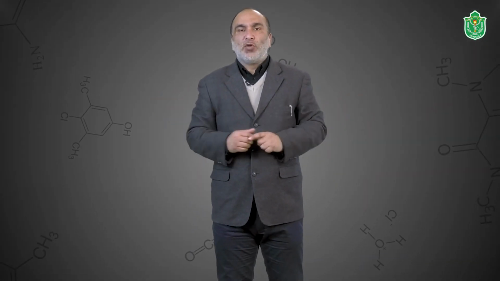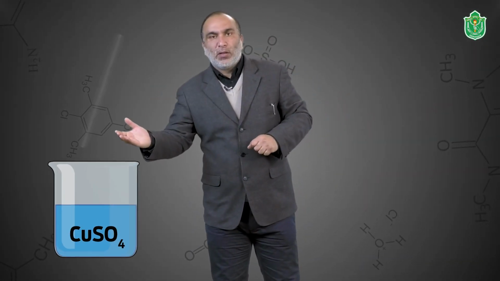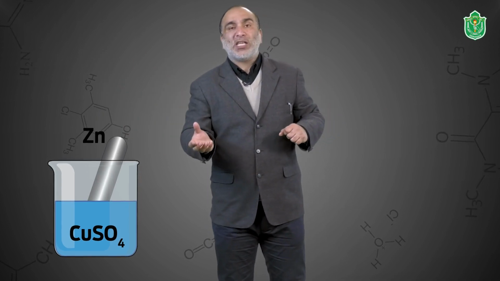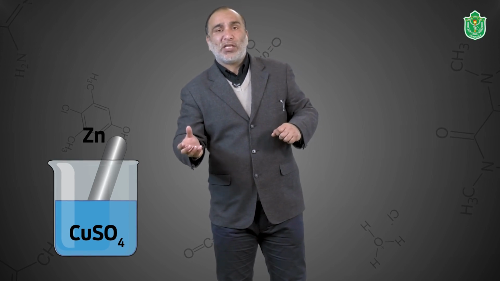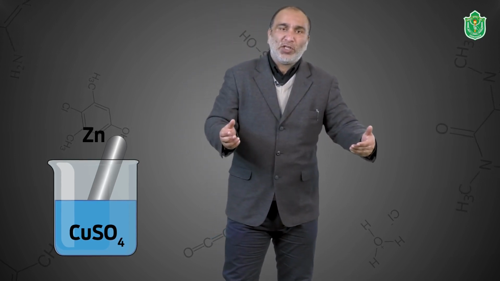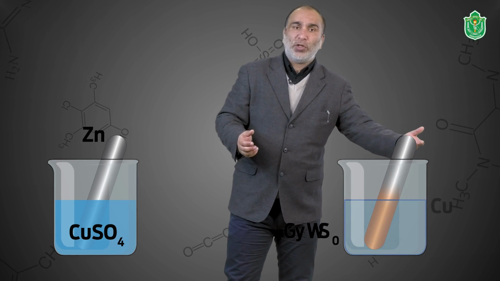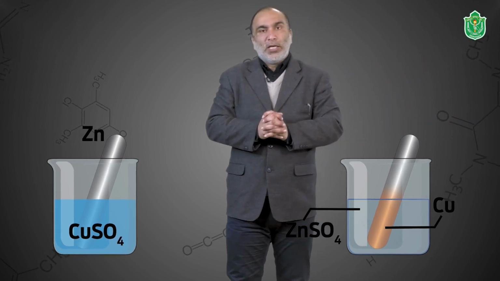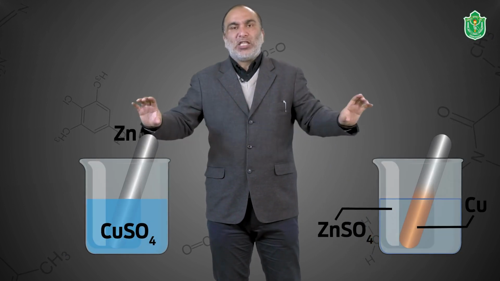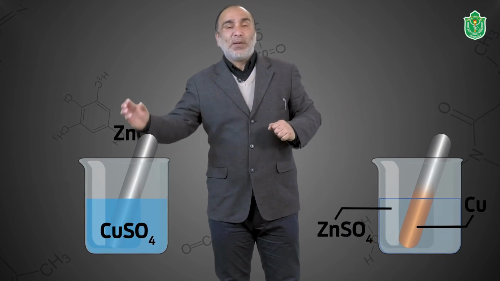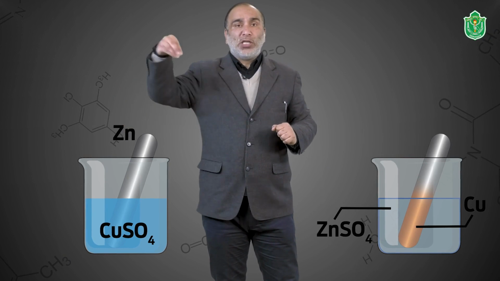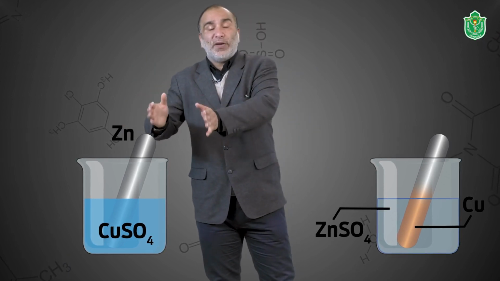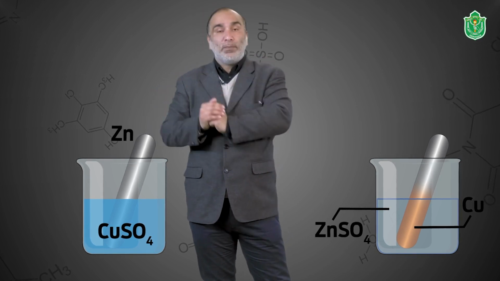The reaction in which zinc is reacting with an aqueous solution of copper sulfate, and resulting in the formation of zinc sulfate aqueous solution, and copper is given out. Well, in this reaction, if we analyze this, we have zinc metal which is introduced into a copper sulfate solution, and this copper sulfate aqueous solution is blue in color.